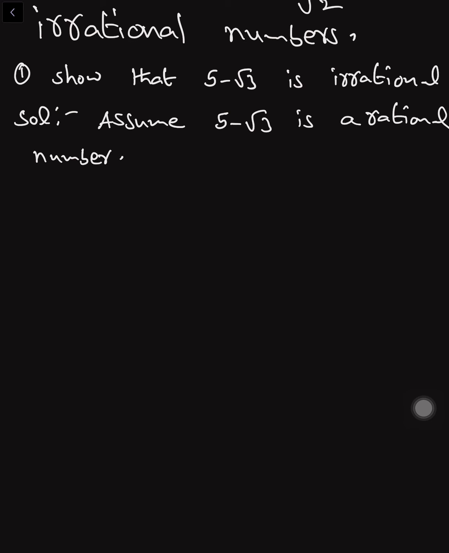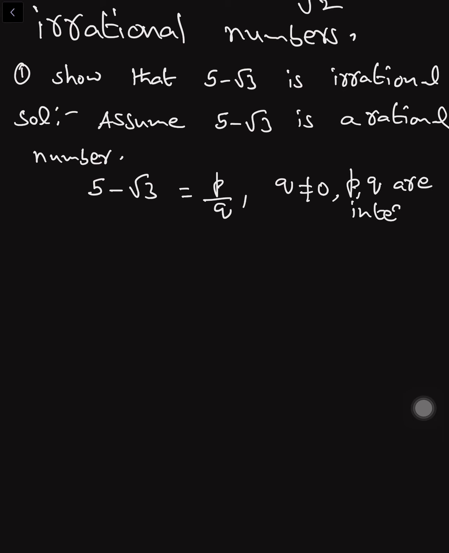So every rational number is written in the form of p by q, where q is not equal to 0. 5 minus root 3 is equal to p by q, q is not equal to 0, p comma q are integers.